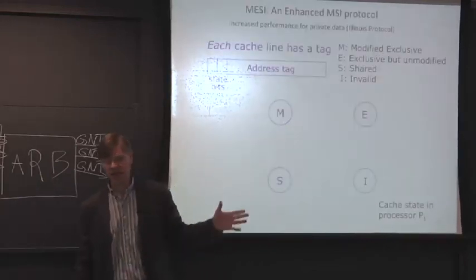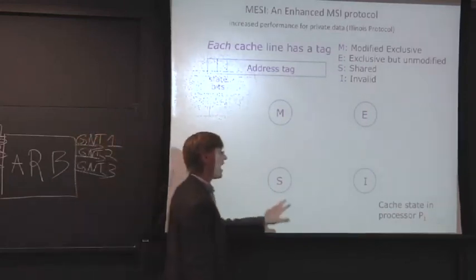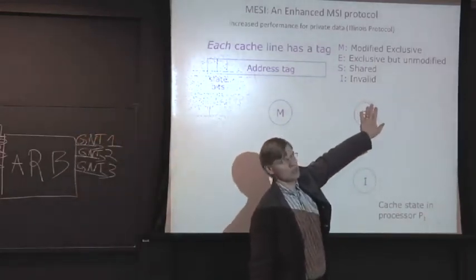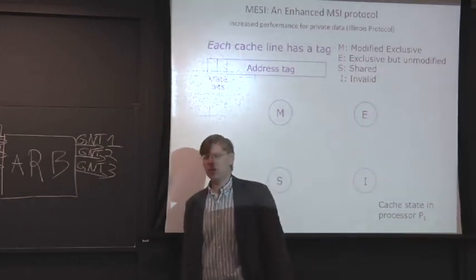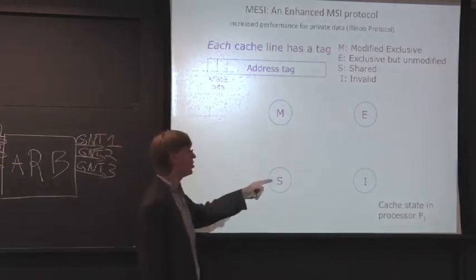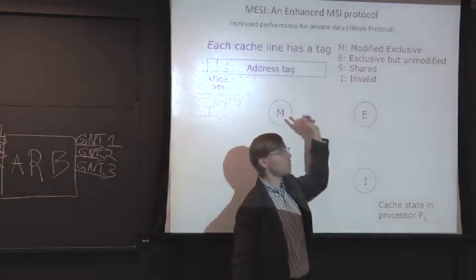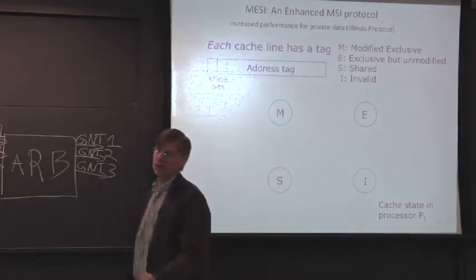In the MESI protocol, when you do a read but no one else has a copy, you bring it into the exclusive state. You're not allowed to do a write when it's in the exclusive state, but you can upgrade from exclusive to modified without having to communicate across the bus.